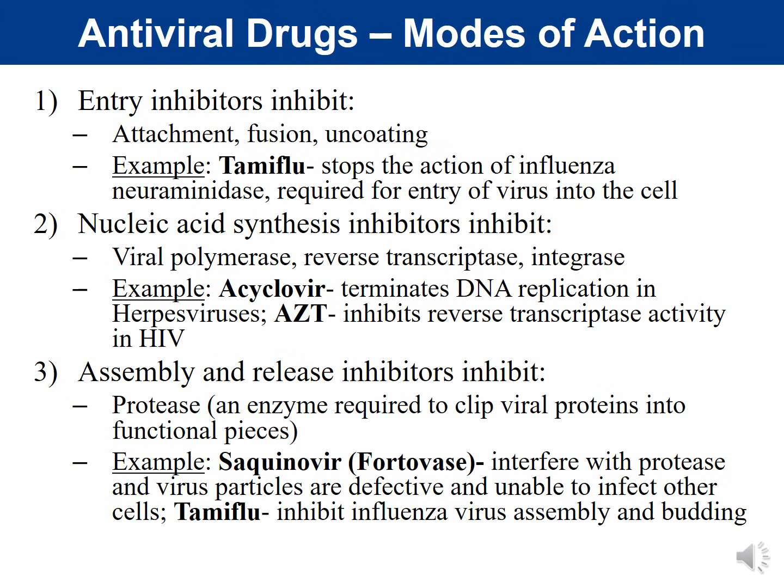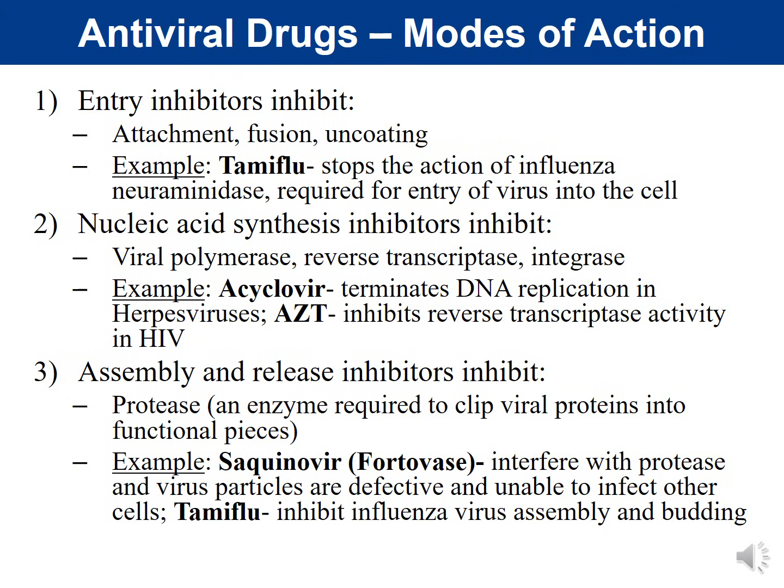We also have nucleic acid synthesis inhibitors, so basically inhibiting the production of nucleic acids. These might include inhibiting viral polymerases, inhibiting reverse transcriptase, again for like HIV, what's called integrase, basically blocking nucleic acid synthesis. Some examples of this, acyclovir.